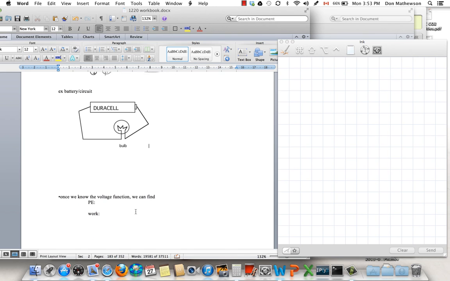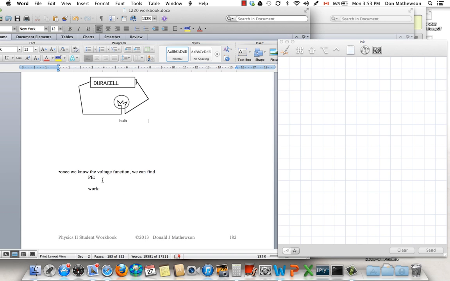Now, knowing the voltage function, we can find the potential energy because we know that voltage is energy per charge, so potential energy should equal charge times voltage.